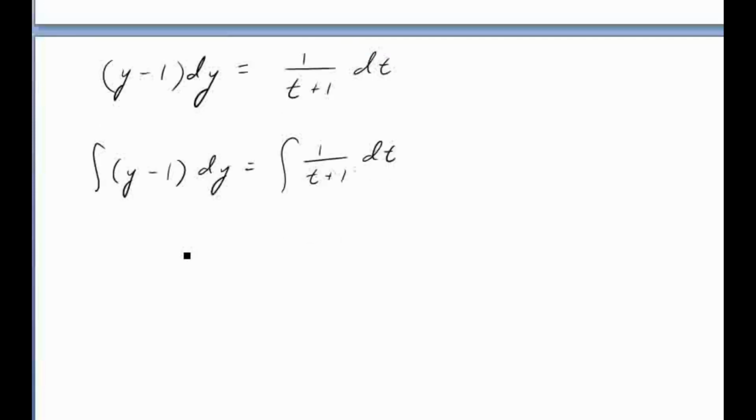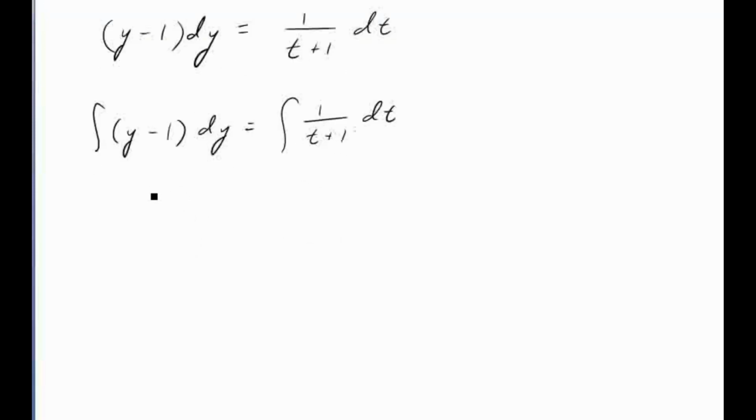Now on the left, we're going to do like we did before. Since our ultimate goal here is going to be to solve for y, it would be useful for us to treat this whole thing as a u substitution. It could also be integrated term by term, but that's going to complicate our lives when we want to solve for y, because we'd have a y squared and also a y, so it'd be quadratic in y. So it'd be better if we have something all squared.